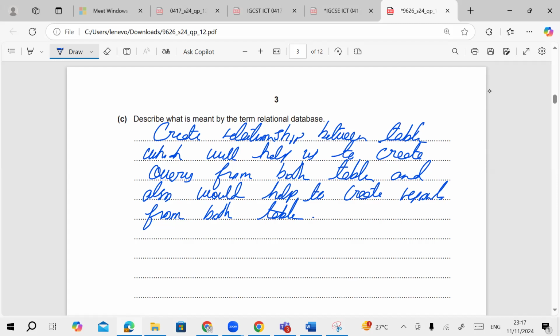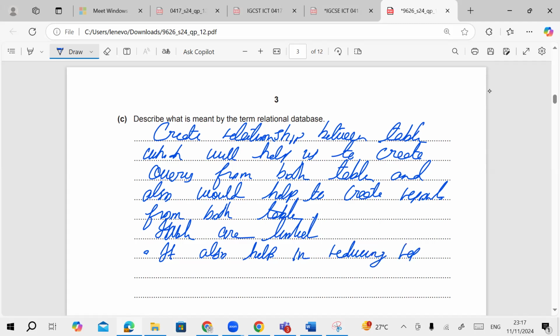Okay, tables are linked. Okay, the relationship is established, right? And obviously, it also helps in reducing repetition of data. Okay, that's also important.